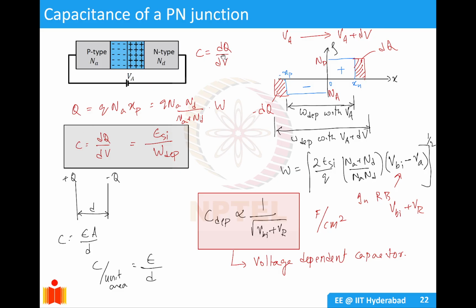If you do dQ by dV for this, you will get capacitance equals epsilon Si by W depletion. We can assume it as a parallel plate capacitor, where charge is stored at the junction edges.